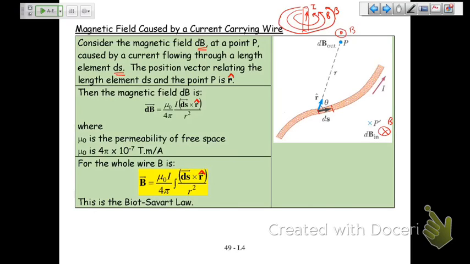If I have more current, I expect more magnetic field. That just makes sense. If I have a longer piece of wire, then I expect more magnetic field caused by that little piece. And if the direction changes, I expect the value to change. If I have a piece of wire like that, and there's my ds, and my point is here, then my r hat would be in that direction.